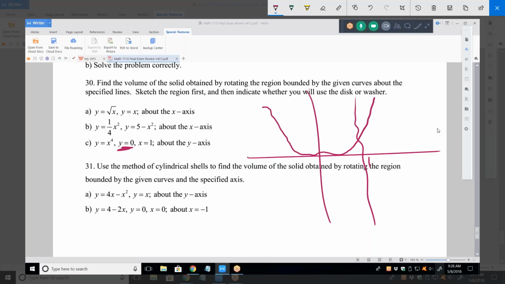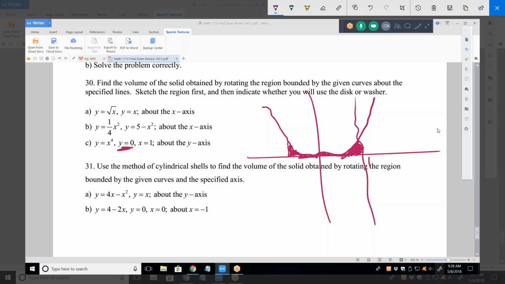And the y-axis. So they're saying take this part of the curve, rotate it about the y-axis. Well, you end up with a solid three-dimensional shape, call it an ashtray. Can you picture it? Yeah.